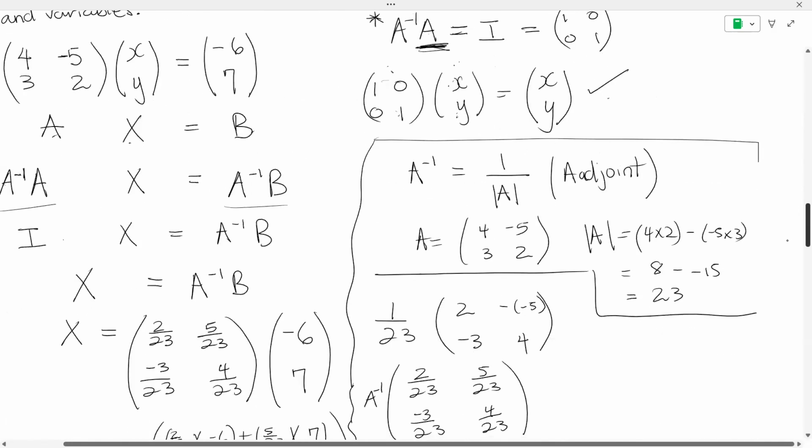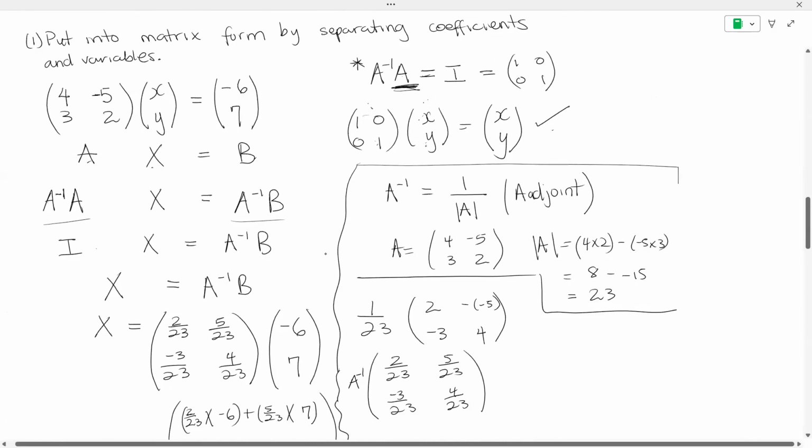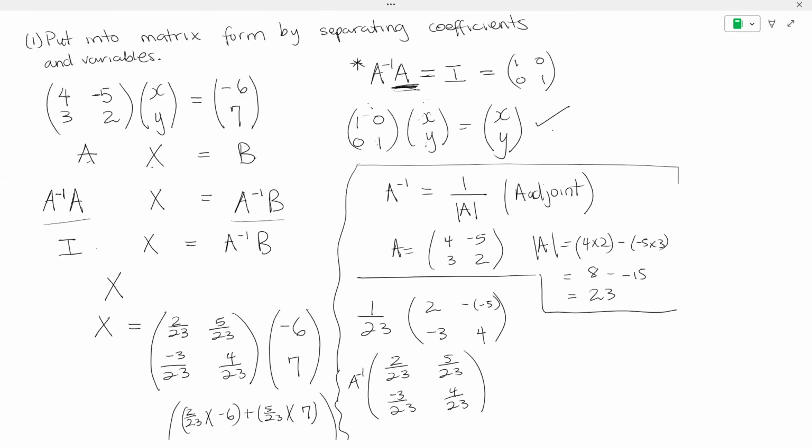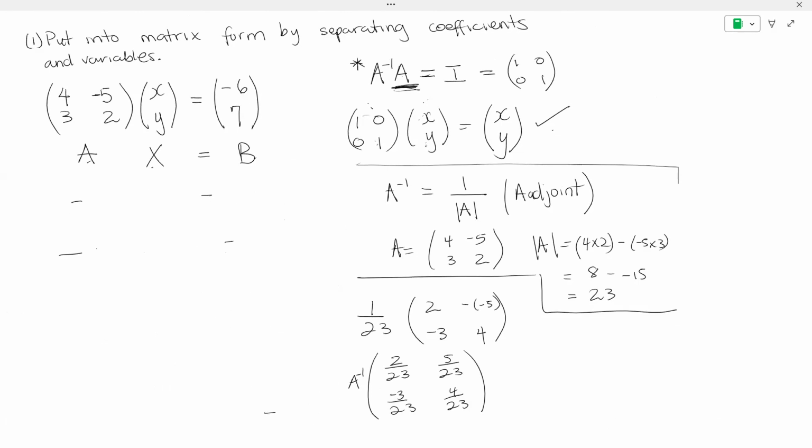So remember, it's A, X, B. We want to work out for X, so we multiply A inverse by A is equal to, of course, you have to multiply it on both sides, A inverse by B. We know that this goes to what? A inverse by A gives me what?